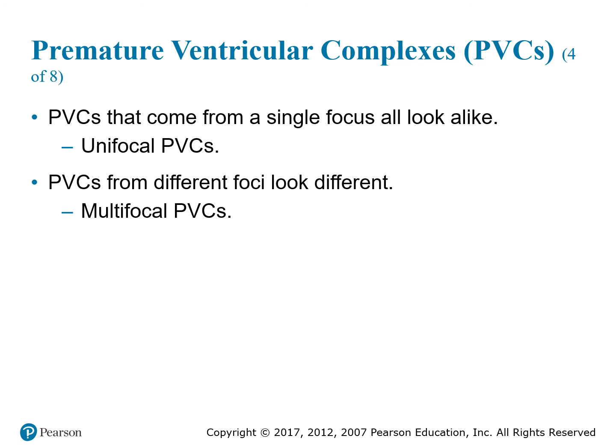When you have two consecutive PVCs, they are called a pair or couplet. You have PVCs that come from a single focus, which all look alike, which we usually call unifocal PVCs. Then you have PVCs that come from different foci, which look different. We call those multifocal PVCs.